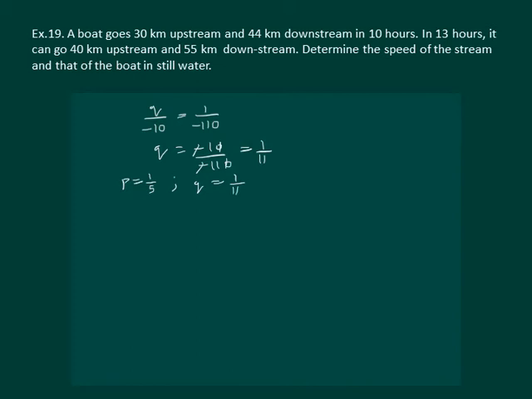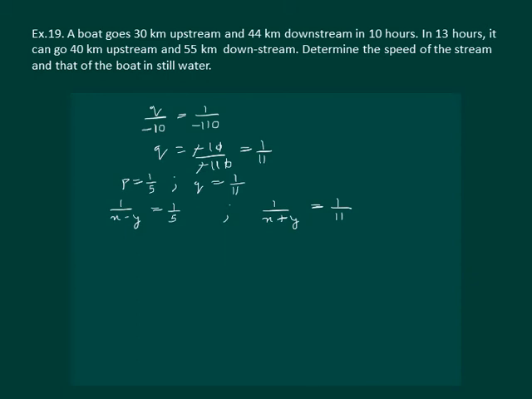It's time to back substitute. We have 1 upon x minus y equal to 1 by 5 and 1 upon x plus y equal to 1 by 11. Solve this further.